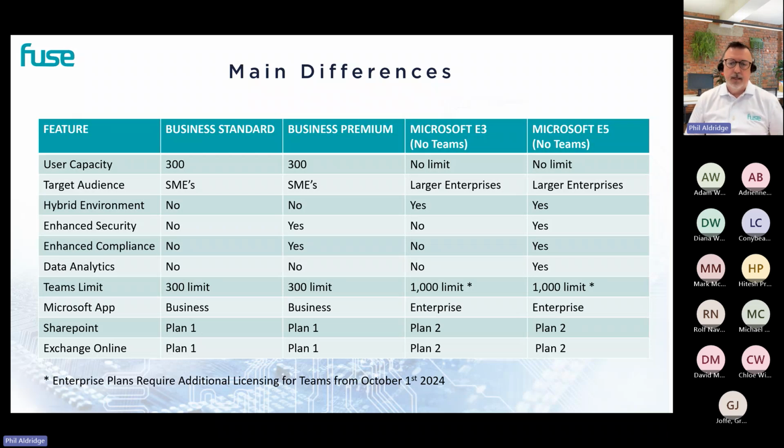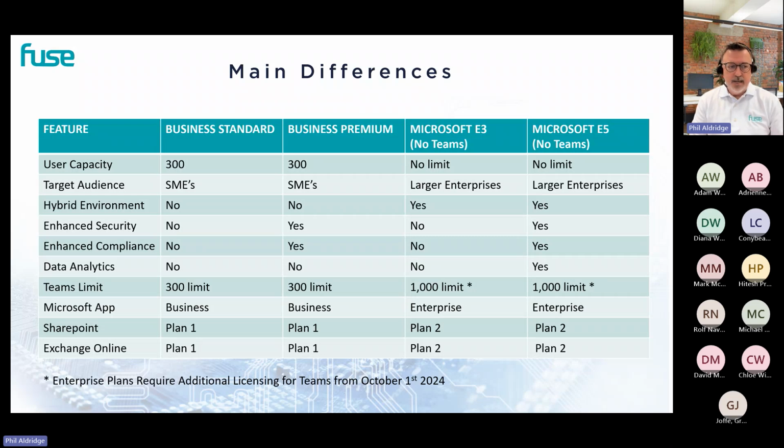Things like Power Map for Excel, Power Query for Excel, mainly around Excel, and also database comparing, etc. These are specific features that are available for the apps with the enterprise licenses that aren't available for the business licenses. 99% of businesses aren't going to be using these features, so it's not really important.